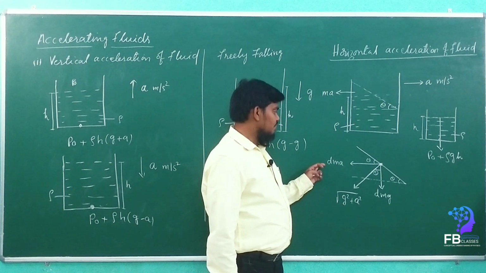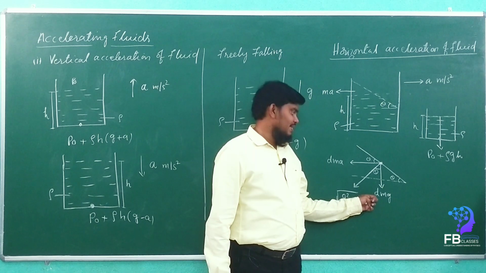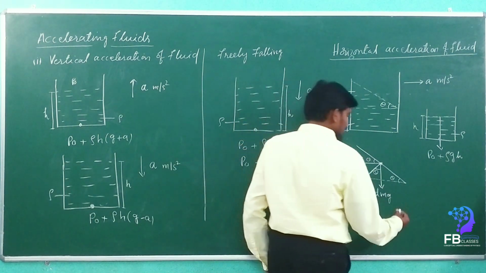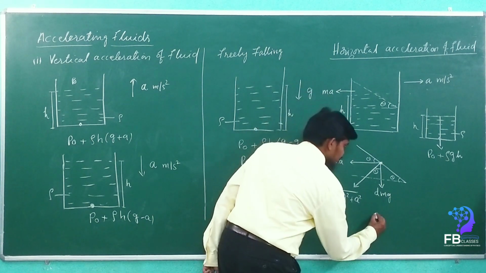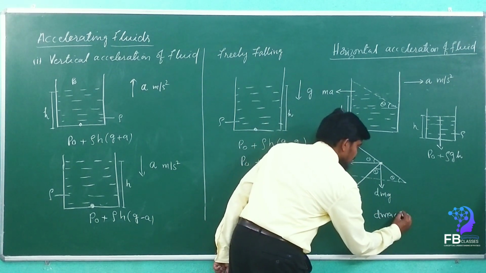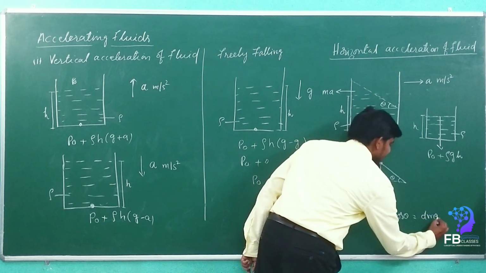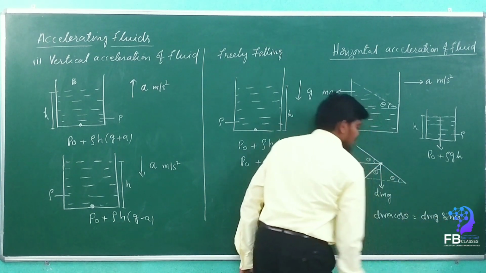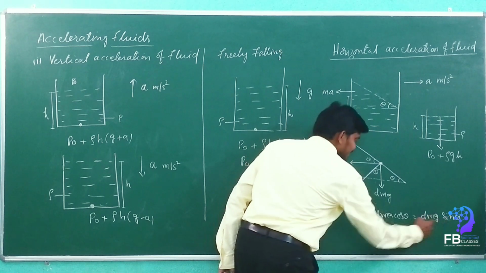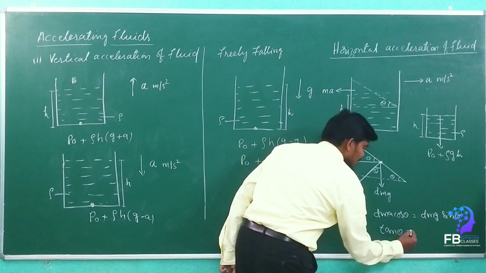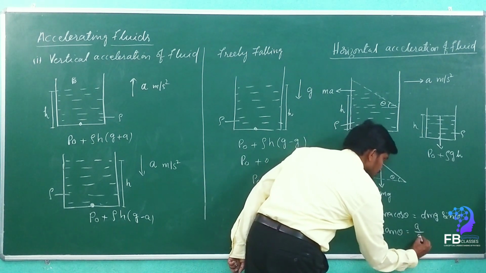Okay, the combination of dma plus dmg is equal to 0. Yes or no? So that's why both are going to be equal to each other. See here, dma cos theta is equal to dmg sin theta. Okay, from here sin theta by cos theta is equal to tan theta. Tan theta is equal to what, my dears? a by g.